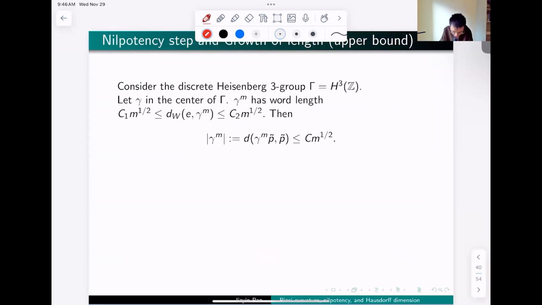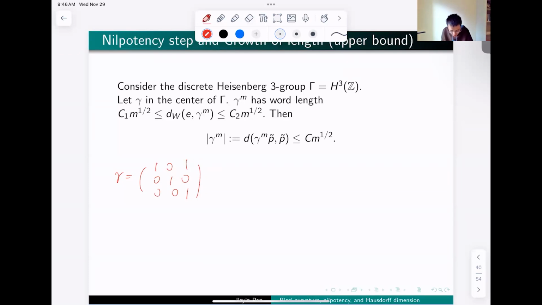Okay. Now I'll say a few more words on how the nilpotency step is indeed related to the Hausdorff dimension and other distance estimates. Let's again take the discrete Heisenberg group as an example. If you take an element gamma in the center, say the matrix with entries 1, 1, 1, 0, 0, 1, it's in the center of gamma.